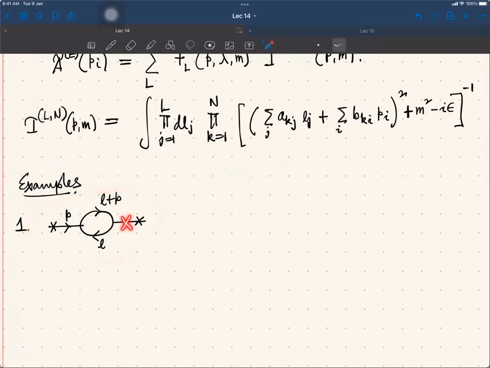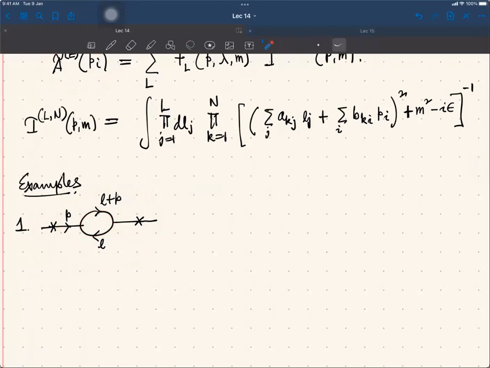You have to amputate. Actually these are amputated diagrams. So A does not contain the external lines here. A only has this part, but that part has information about the external momentum P.